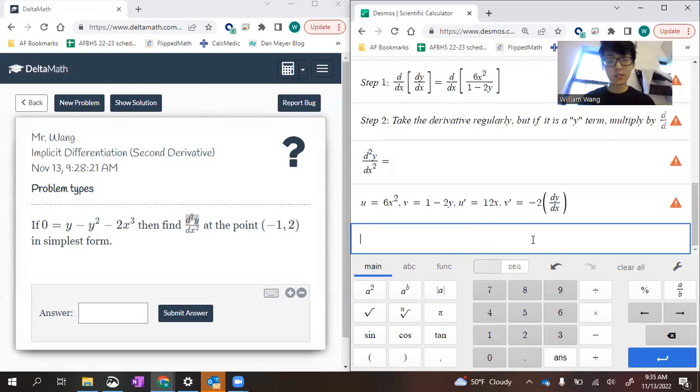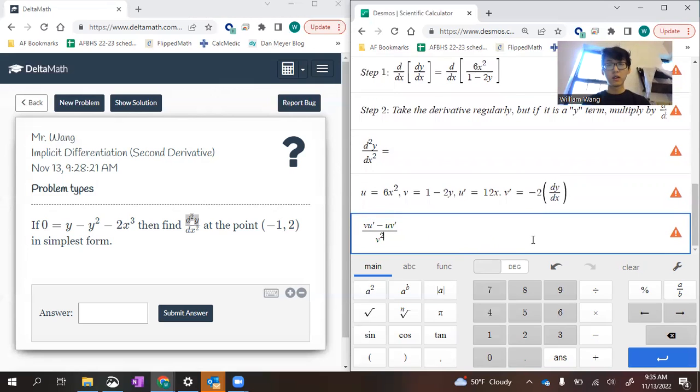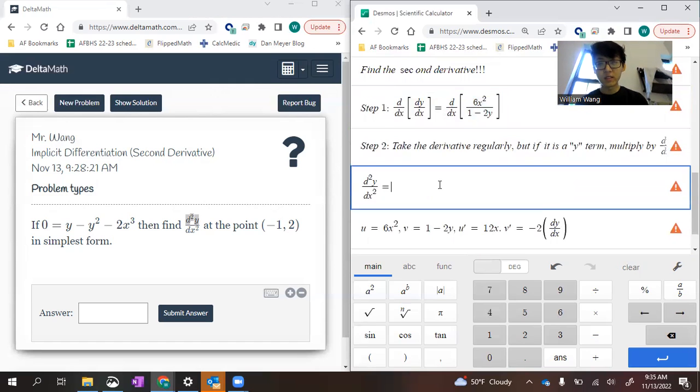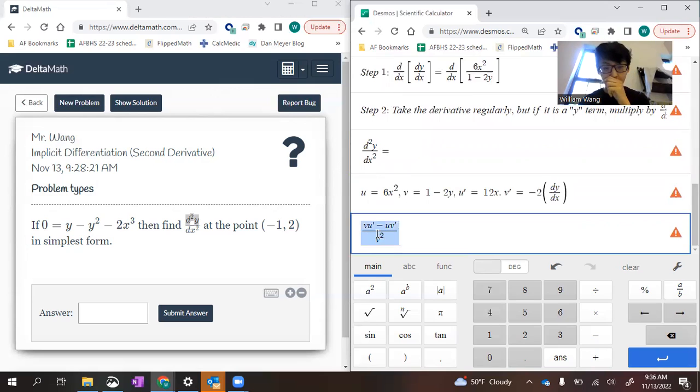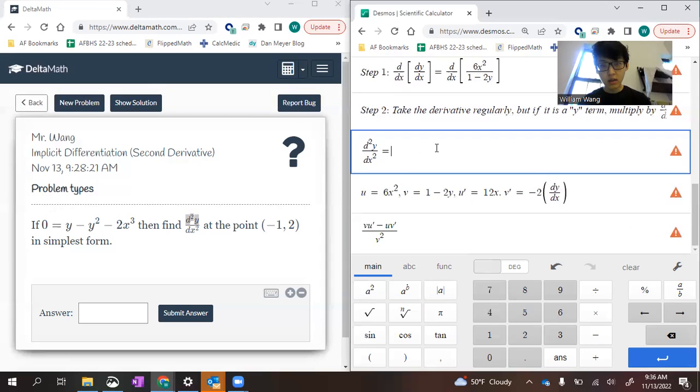Now let's plug this into my quotient rule. Hopefully you have this remembered: vu prime minus uv prime all over v squared. Remember, I'm finding the derivative of this. Let's use my quotient rule. I found everything I need here and plug it into this equation. So I said vu prime.